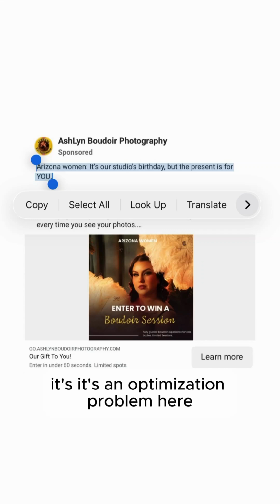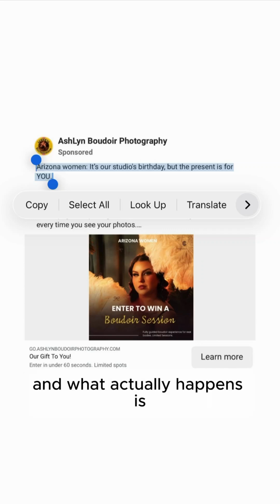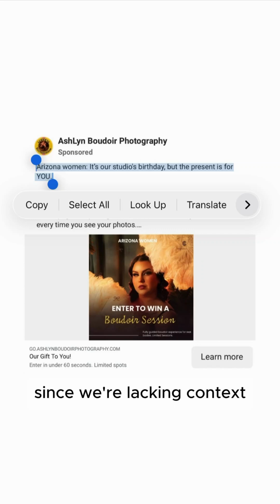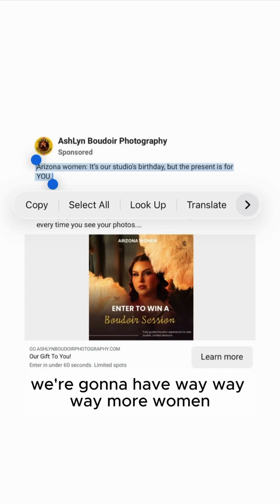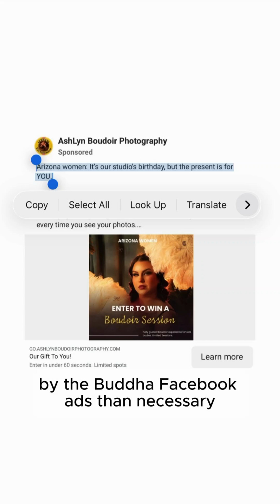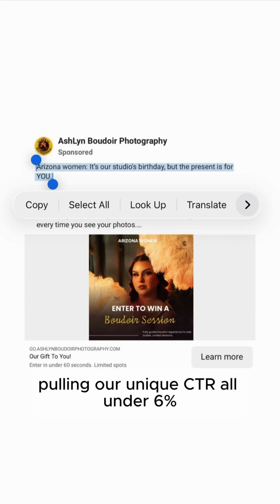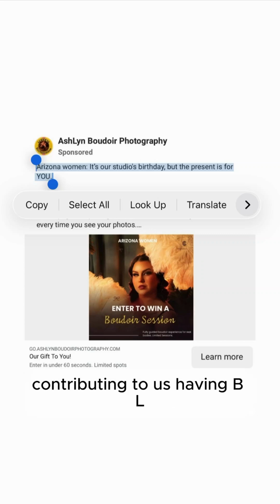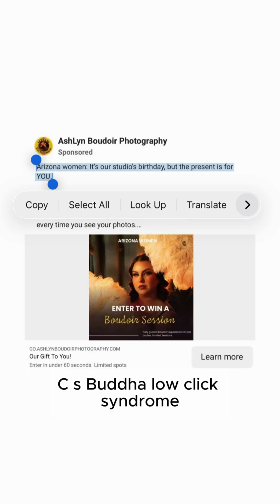It's an optimization problem here. What actually happens is, since we're lacking context, we're going to have way more women scrolling by our Boudoir Facebook ads than necessary, pulling our unique CTR all under 6%, contributing to us having BLCS, Boudoir low click syndrome.